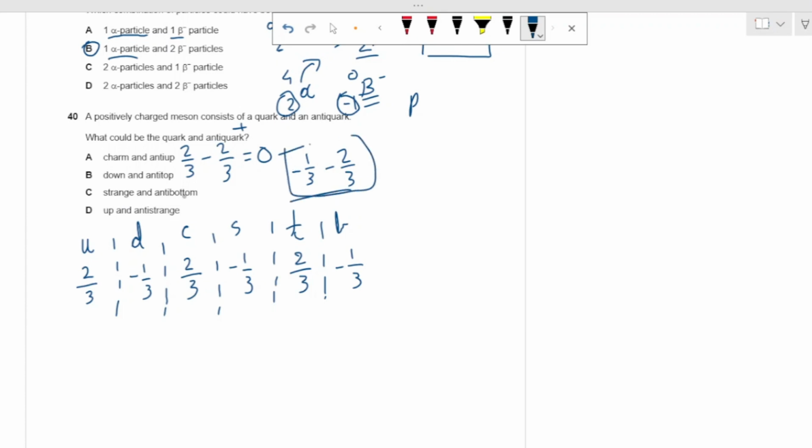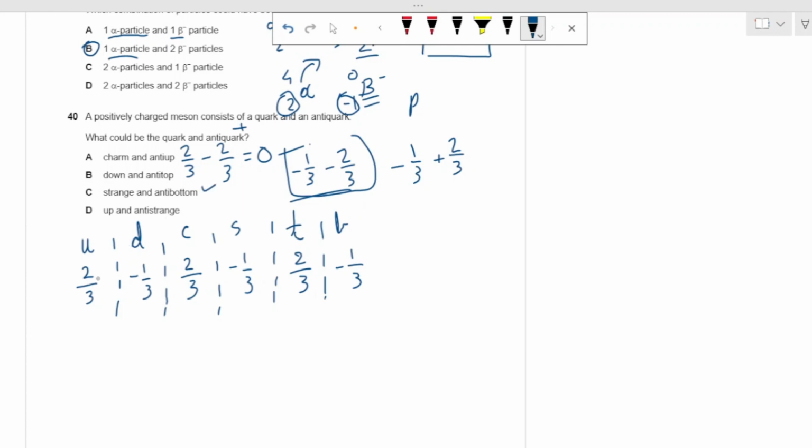A strange and anti-bottom, let's see. Minus 1 by 3 plus anti-bottom, which is plus 2 by 3. What do we get? Minus 1 over 3 plus 2 over 3. We get 1 over 3. Alright, that is one positive charge.